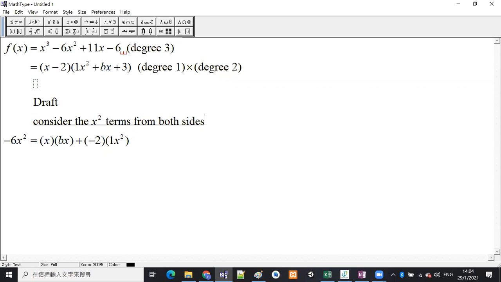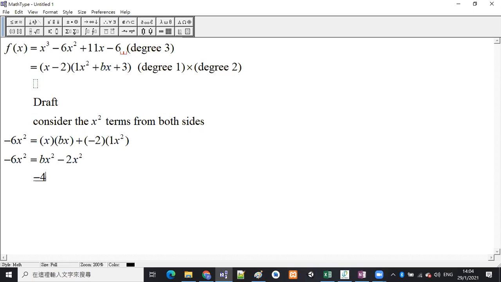From the first bracket, if I choose x, then we should choose the bx from the second bracket in order to get the x squared term. Okay, and if from the first bracket, if I choose negative 2, then from the second bracket we should choose 1x squared. Okay, so what we get here is negative 6x squared is equal to bx squared minus 2x squared.